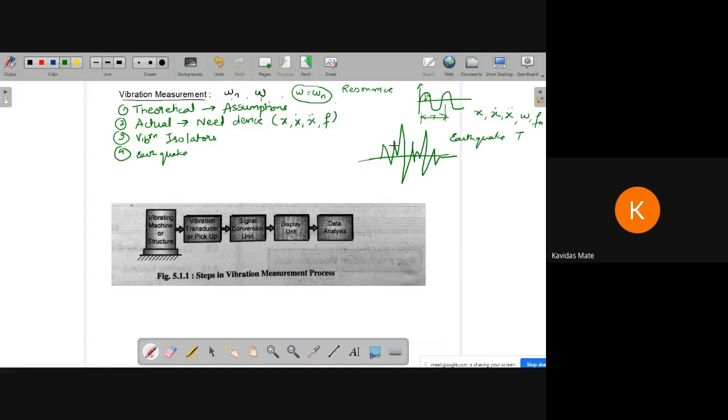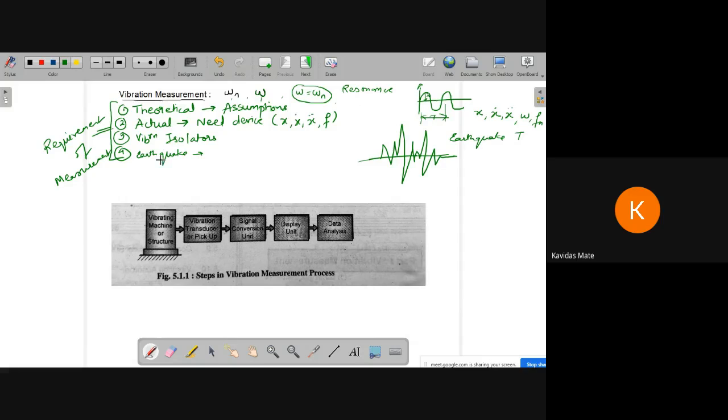So these types of systems are used for vibration measurement. This is the requirement of measurement, that is, why we require it.